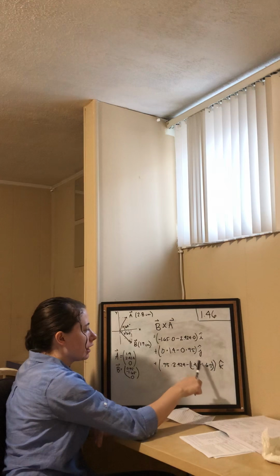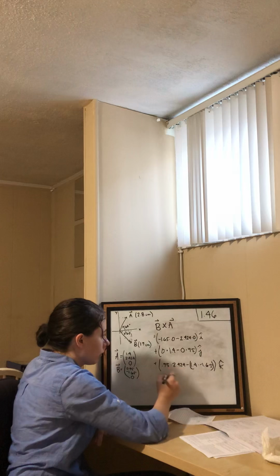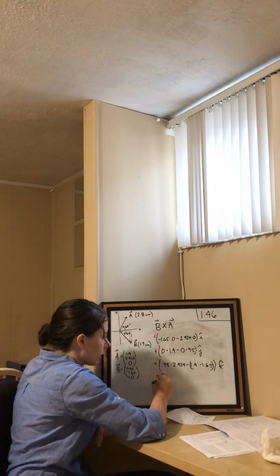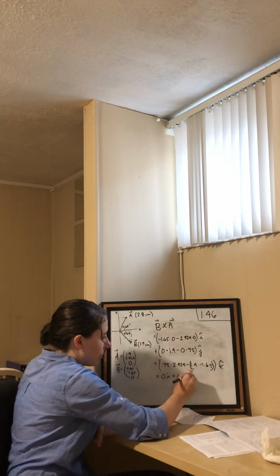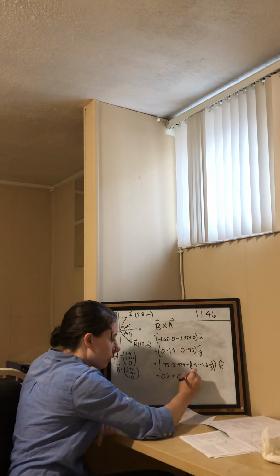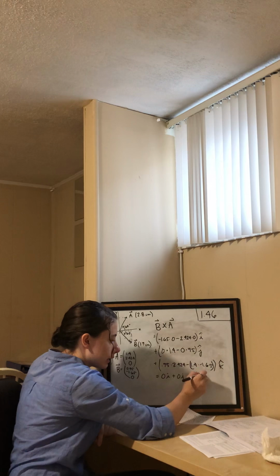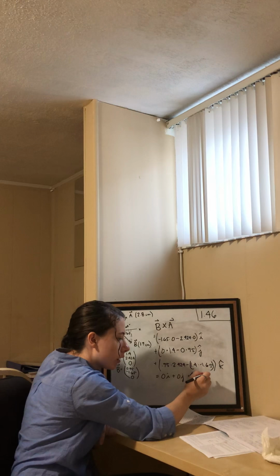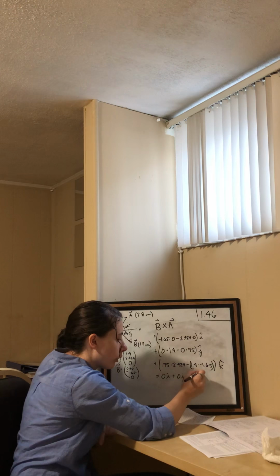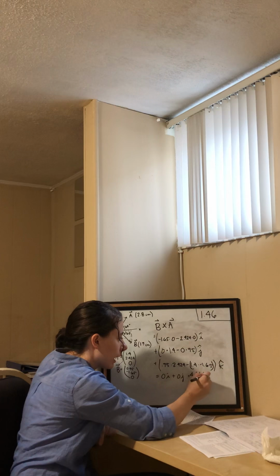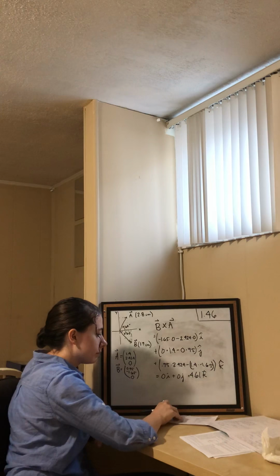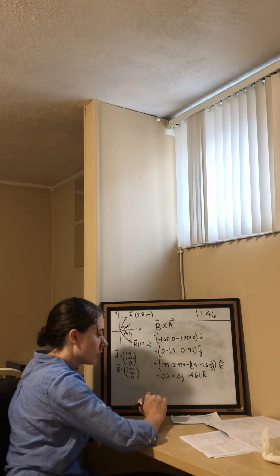Since this is negative, you'll end up adding these two, which means we'll get 0 i hat, 0 j hat, and a positive 4.601 for our k hat.